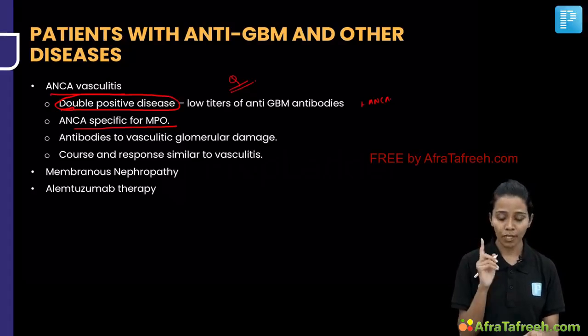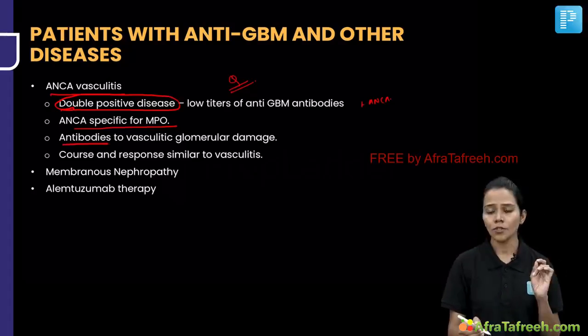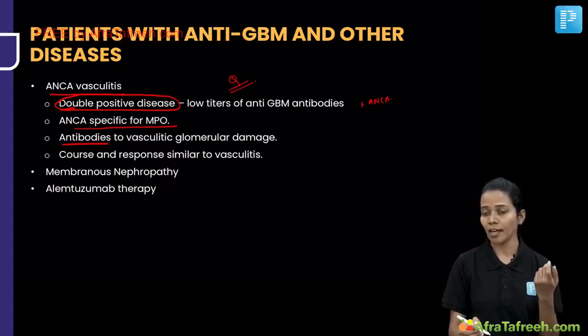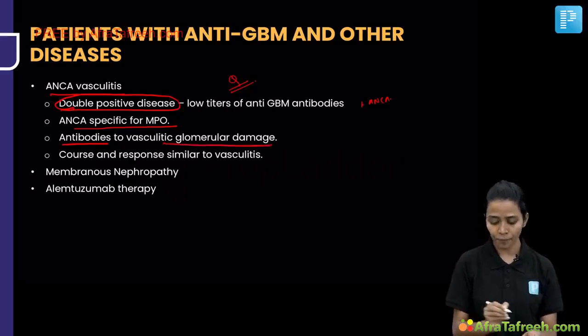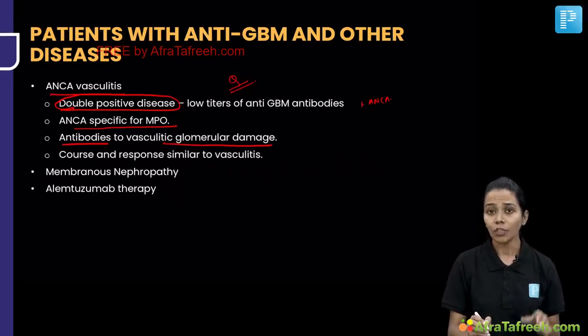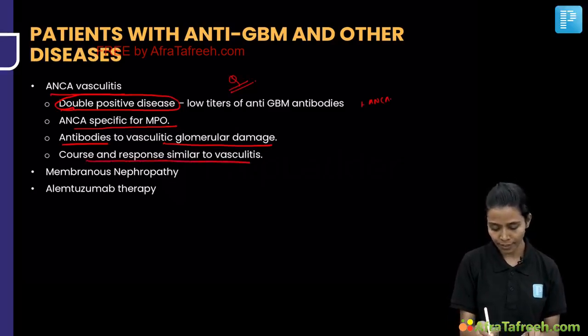It will be specific for MPO ANCA. Okay, so the antibodies that are produced in the vasculitis are going to damage the GBM, and this is going to expose the alpha 3 and going to lead to antibody production, which will cause vasculitic glomerular damage. Okay, and the course and response is similar to vasculitis in this condition.